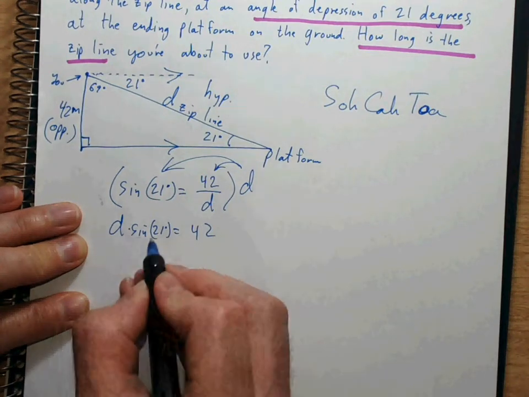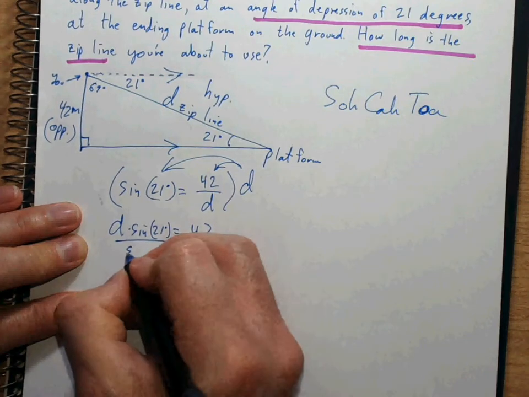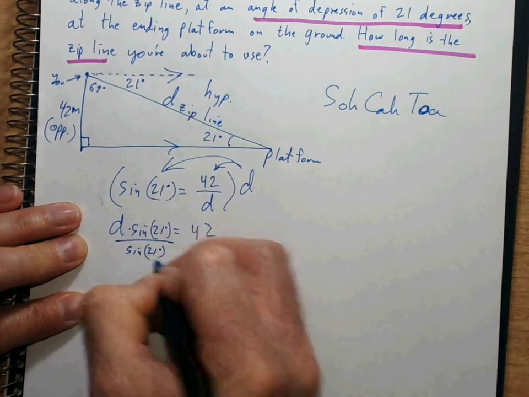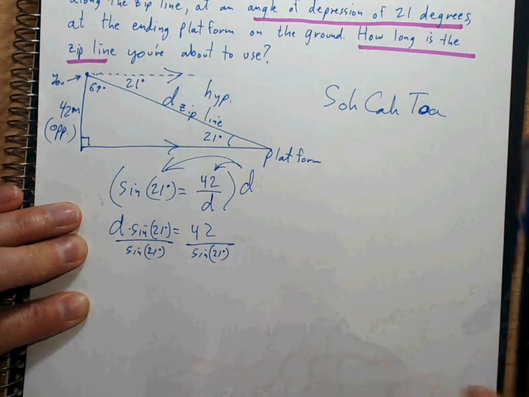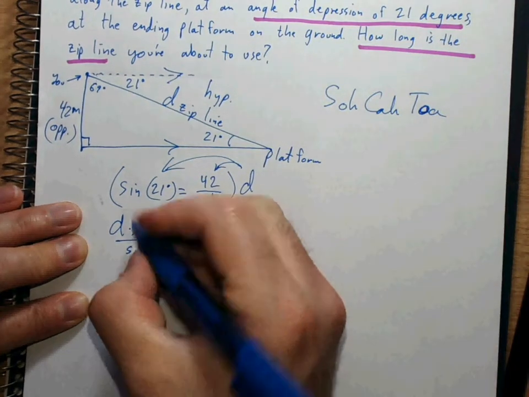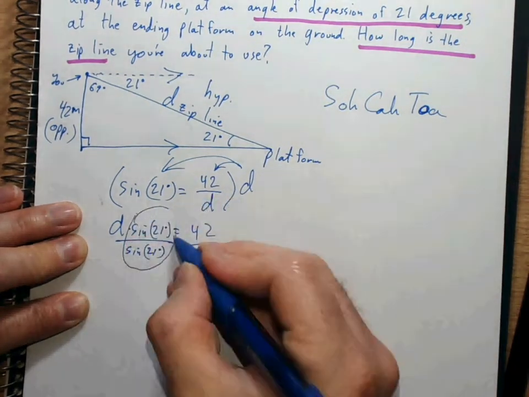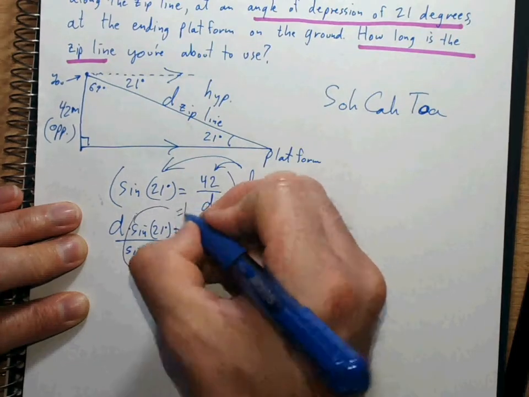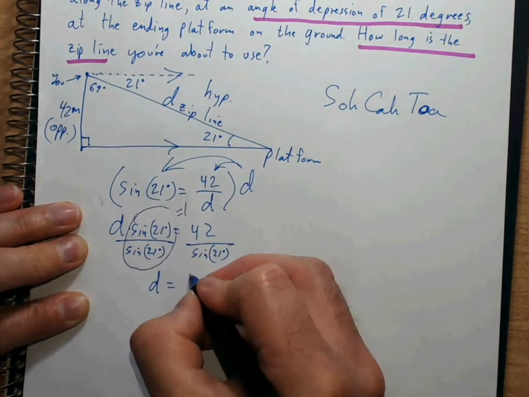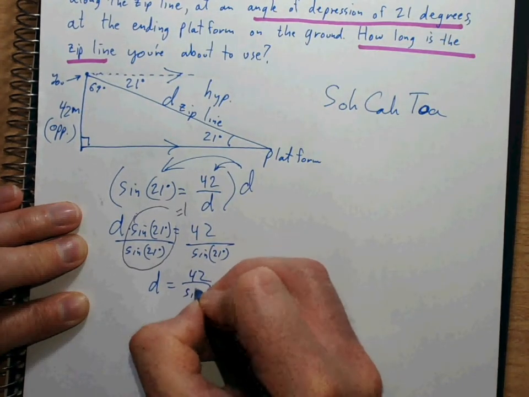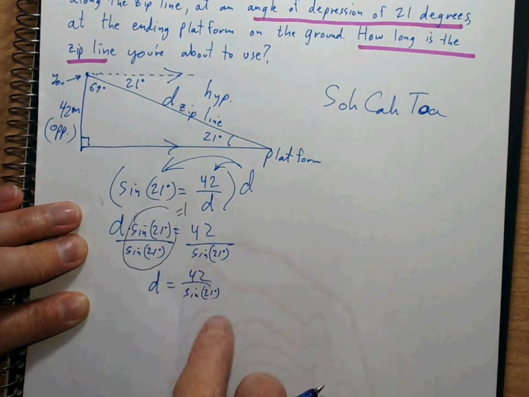So the opposite of times some number is divide by that number. Sine of 21 degrees. Divide by sine of 21 degrees. Right? So of course we know that sine of 21 over sine of 21 is just 1. 1 times d is just d. And I have 42 over sine of 21 degrees. Now that's the exact answer.